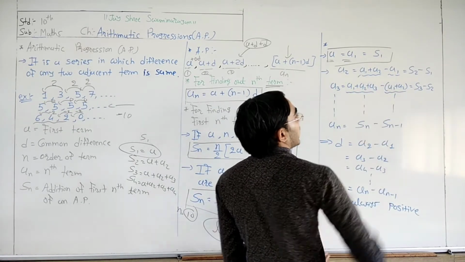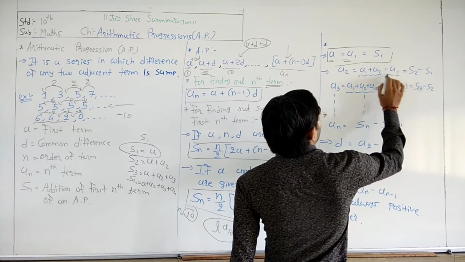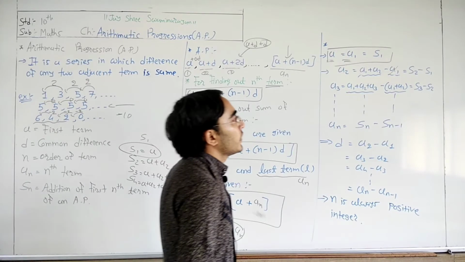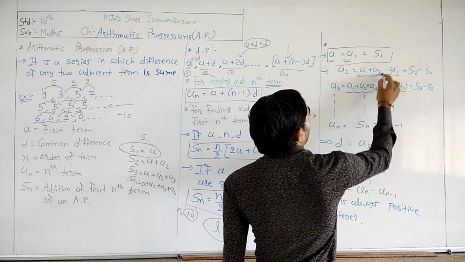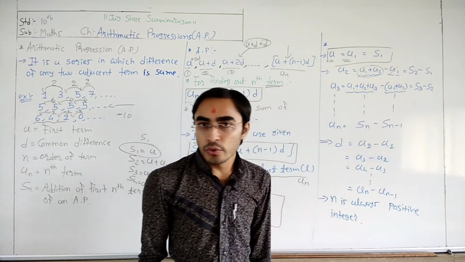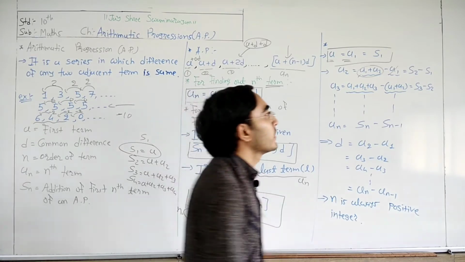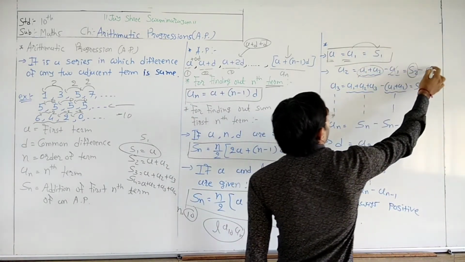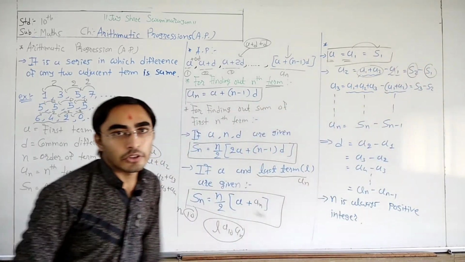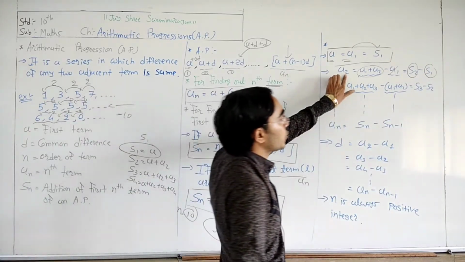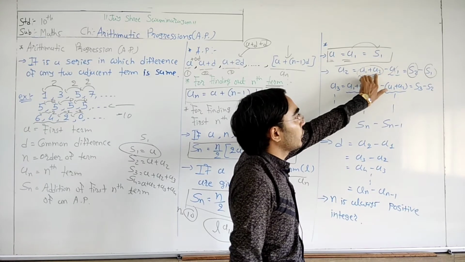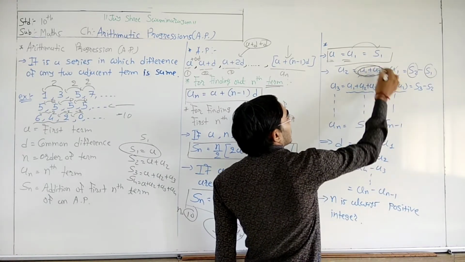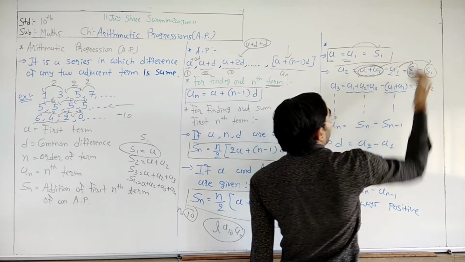Now a1 plus a2 means what? S2, the sum of the first two terms. And a1 means S1. So we can write it like this: S2 minus S1. So a2 is equal to a1 plus a2 minus a1, so a1 cancels. Alternately, this is S2 and this is S1.